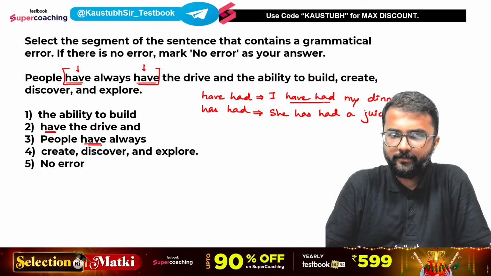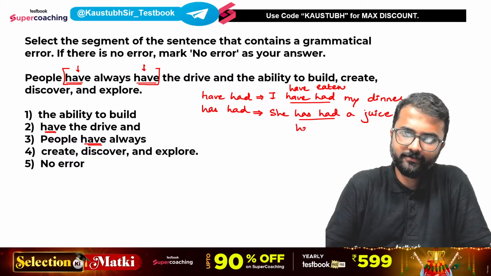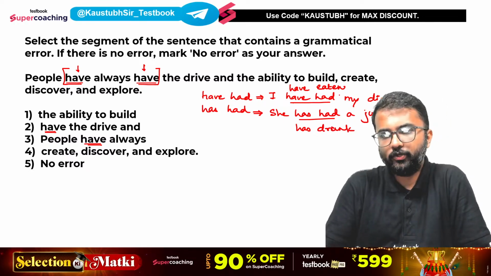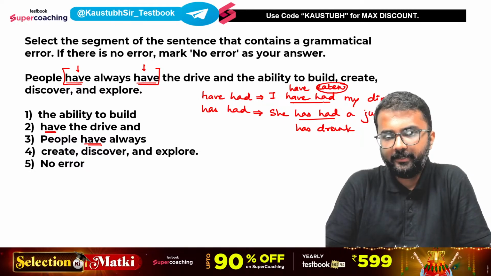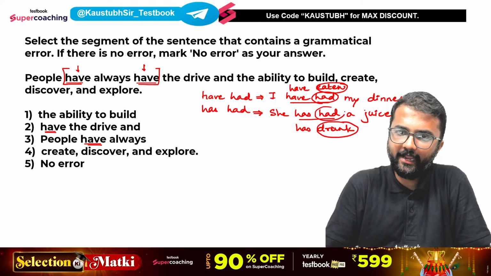So essentially this means I have eaten my dinner and she has drunk her juice. So instead of writing eaten, we can say had. Instead of writing drunk, we can say had.